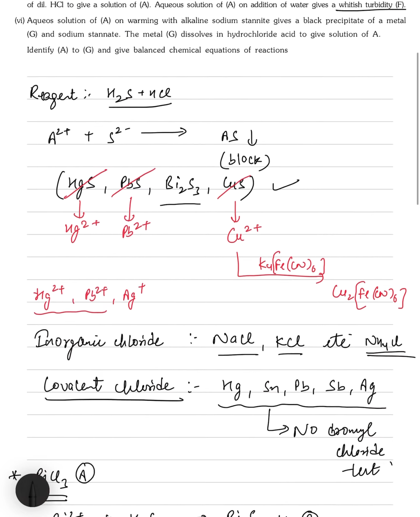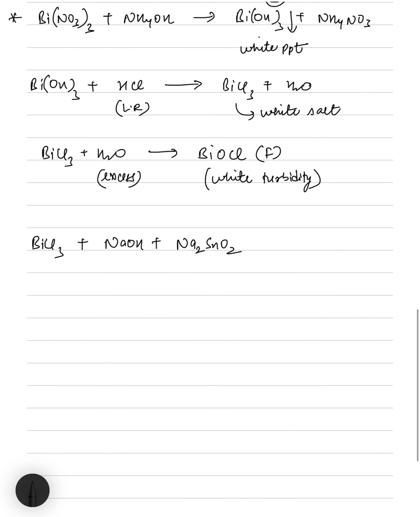So basically in +2 it will be stannite. The reaction will occur and the +3 oxidation state of bismuth is reduced to 0. That means we obtain the black precipitate of metal, which is bismuth.